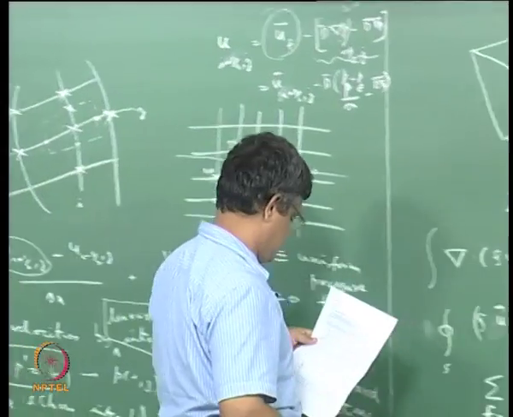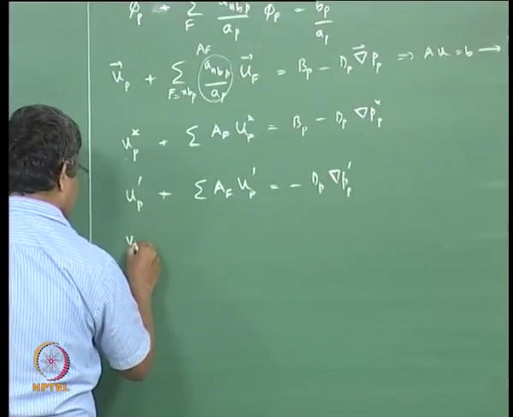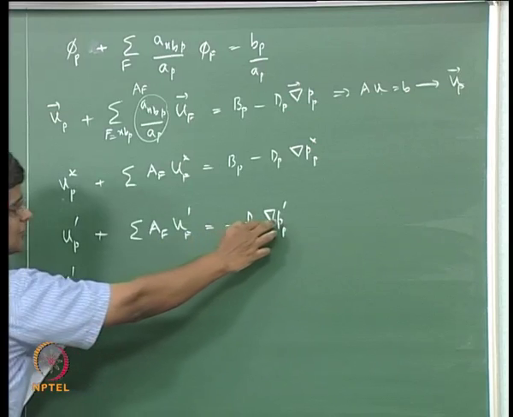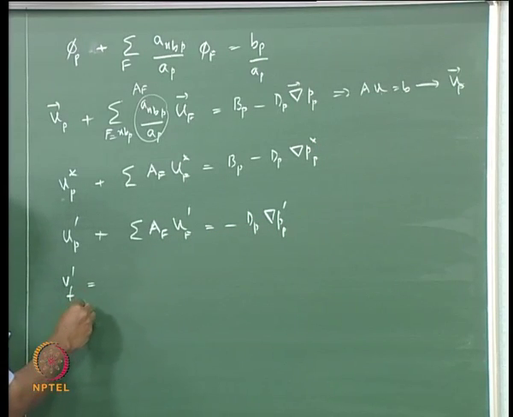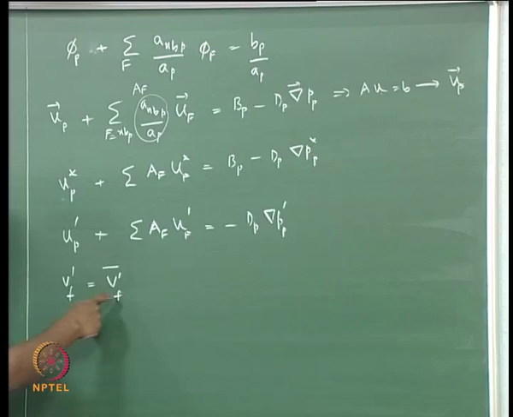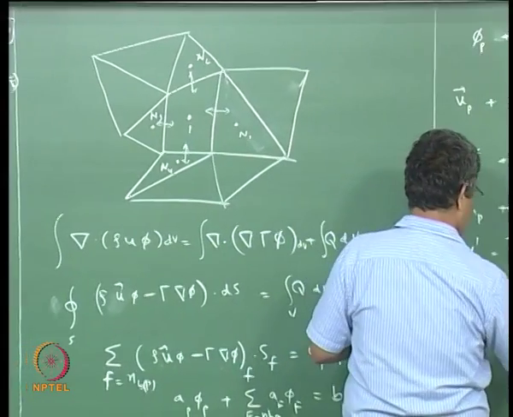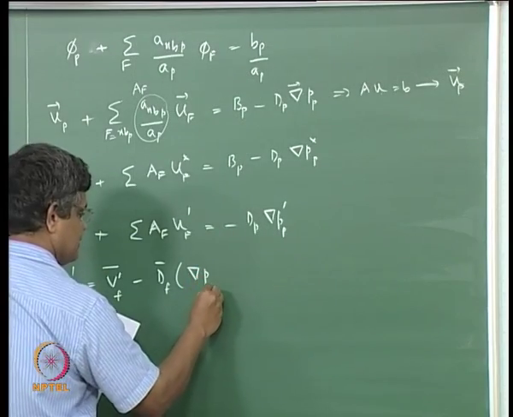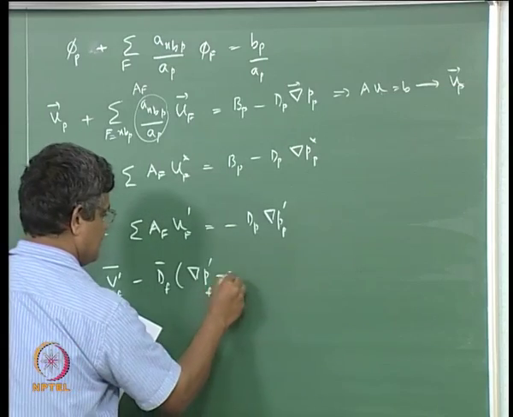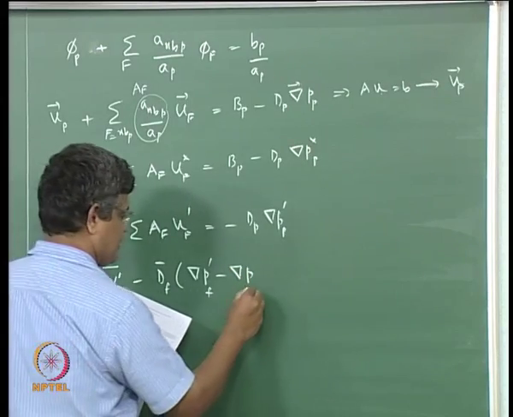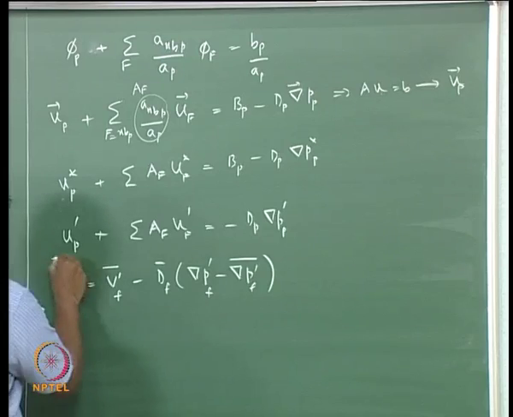We could write this as Vf prime, the interpolated velocity correction corresponding to a pressure correction, as the interpolated velocity correction based on the velocity corrections at P and N1, N2, N3, N4, minus d face times the gradient of P prime at the face minus the interpolated gradient at the face.